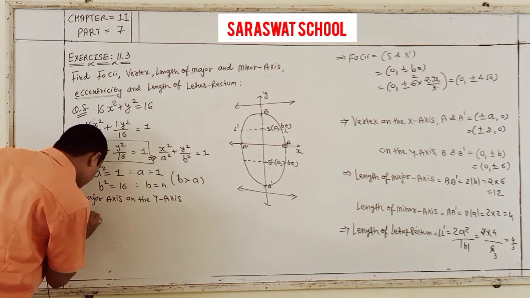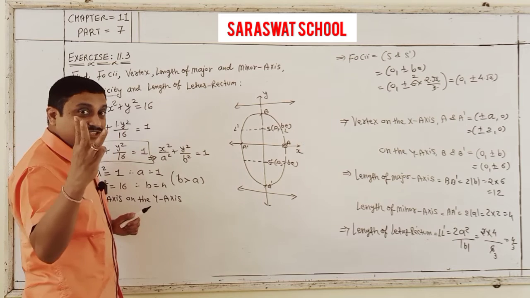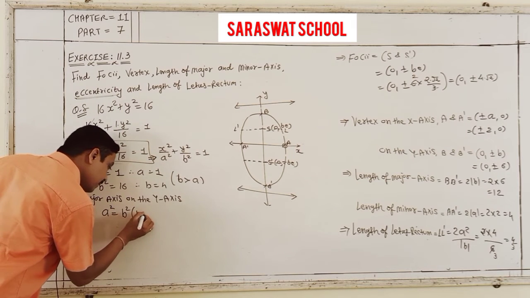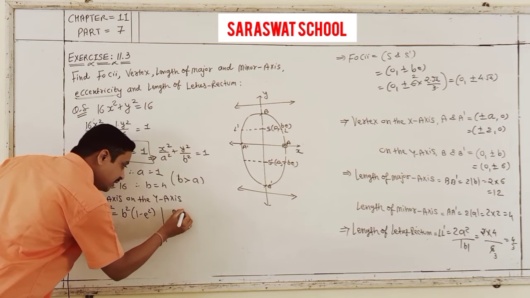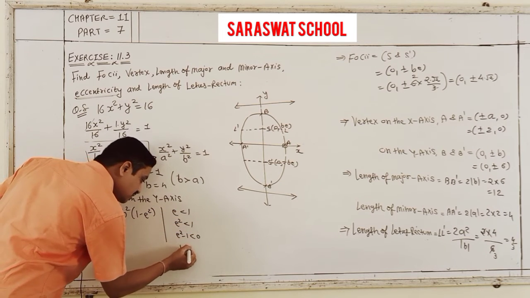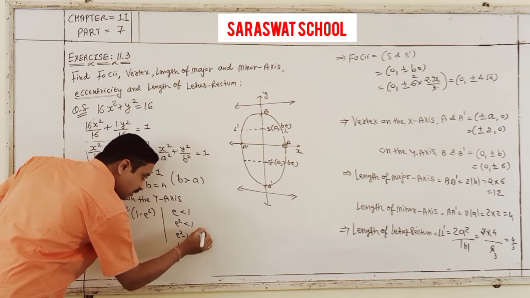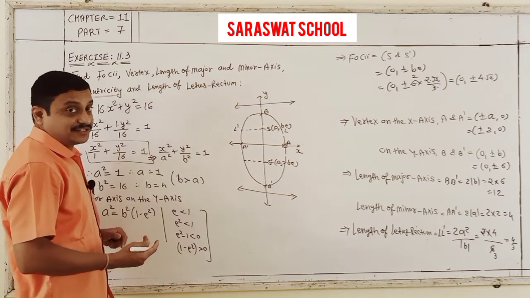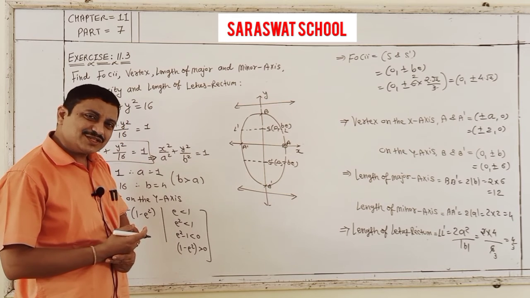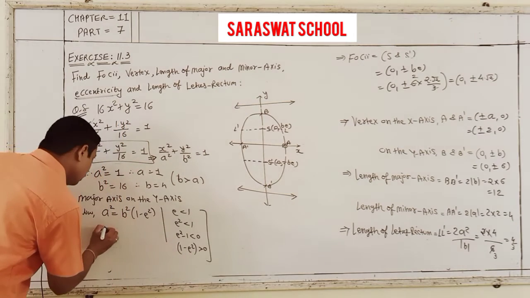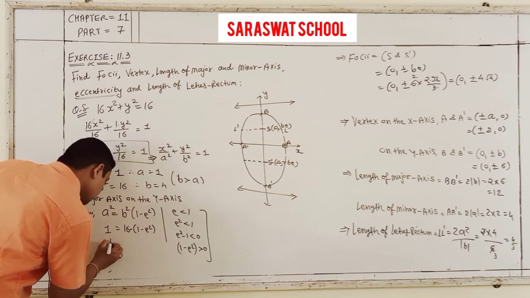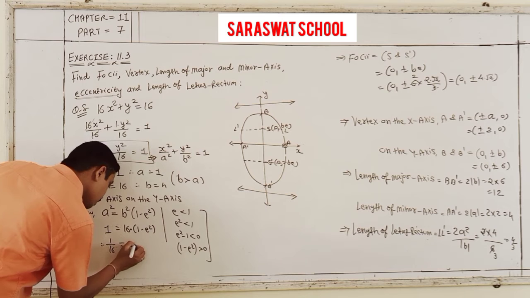And now I go to formula number 3. A square is equal to b square into 1 minus e square, e less than 1, e square minus 1 less than 0, and 1 minus e square should be greater than 0. Now easily, students, you will plug in the values: a square 1, b square 16, so 1 by 16 is 1 minus e square.